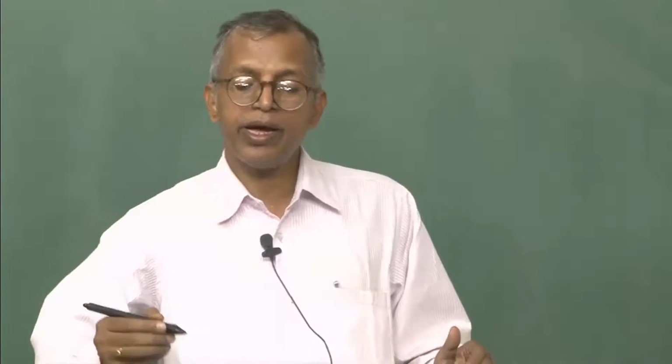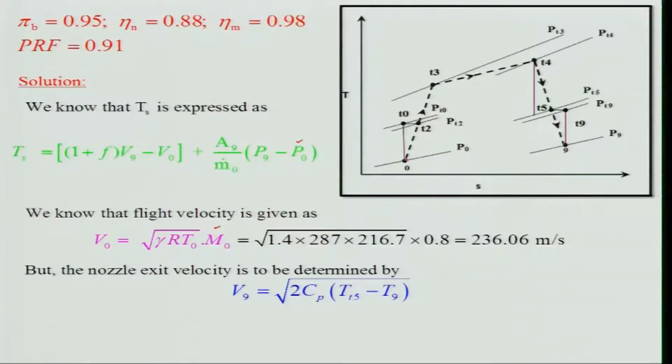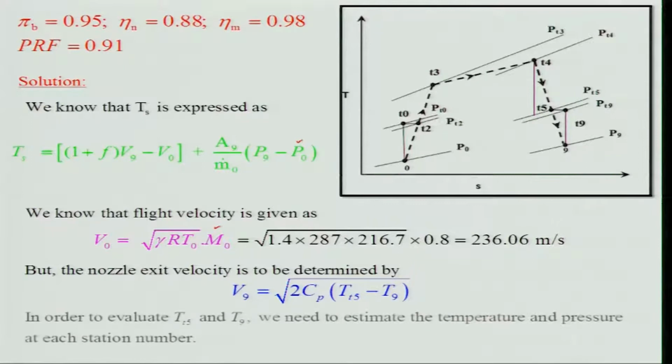So, there we need to go through each station number or component, inlet and exit, and find out pressure and temperature, right. Particularly if I want to know this TT4, then I will have to balance the work done by the turbine, which will be consumed by the compressor in case of a turbojet.